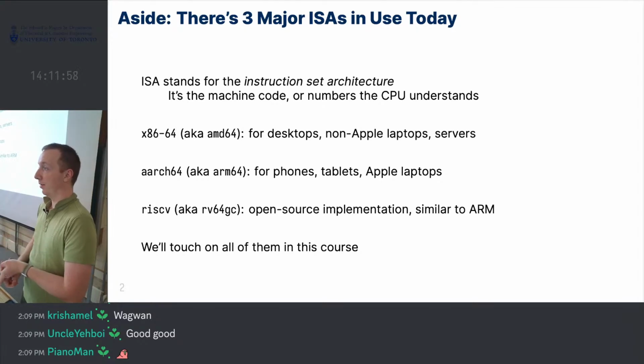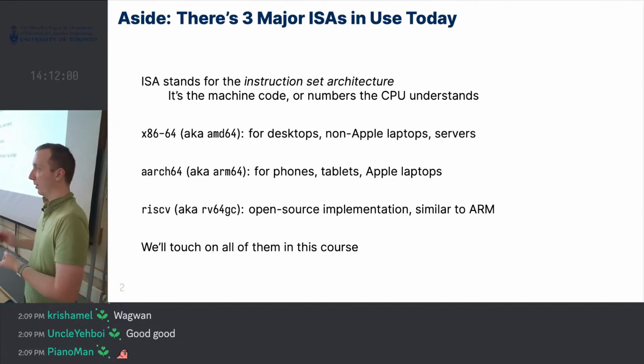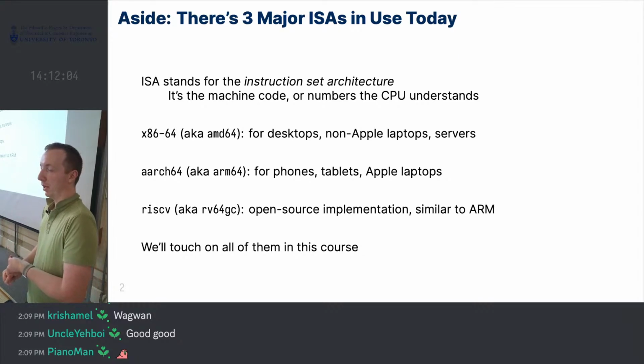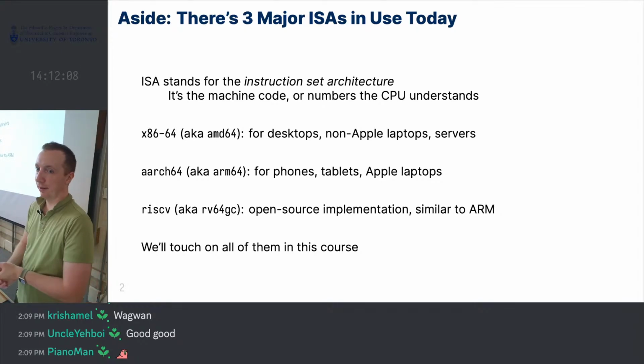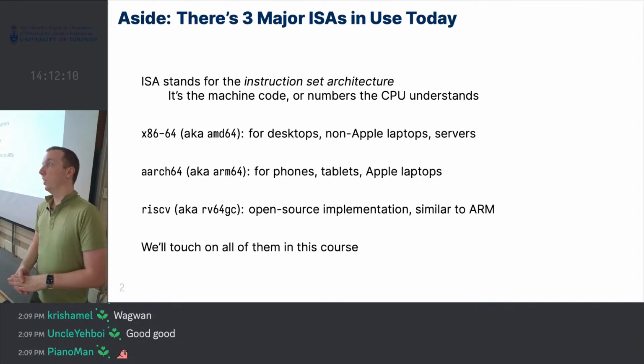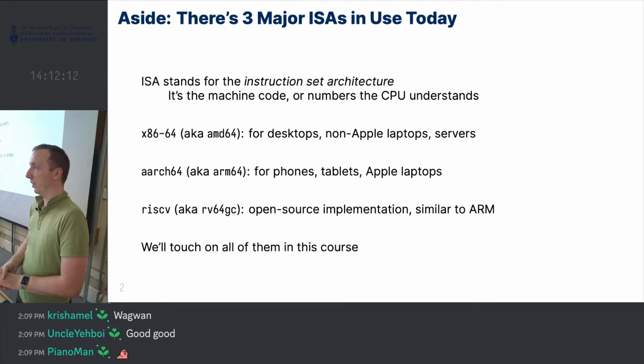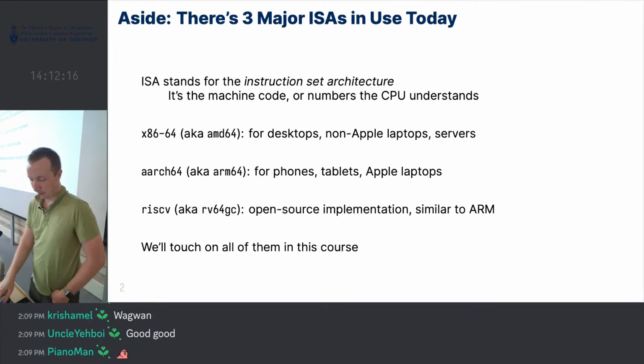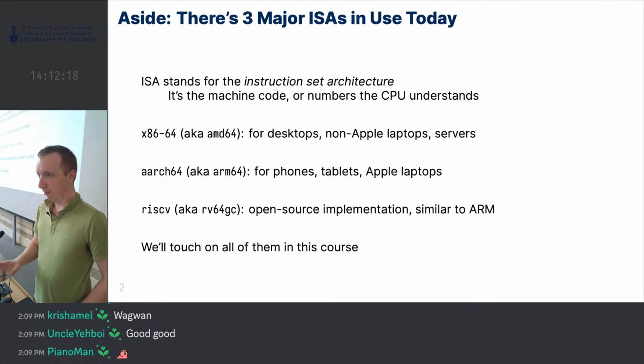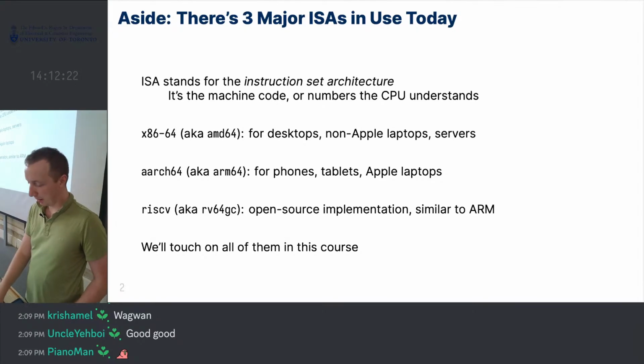So an operating system we're going to start looking at throughout this course is written in RISC-V, which is pretty easy to understand, and we'll just use that as a basis. But again, like I said in the previous lecture, you don't really need to understand assembly or how to write assembly. We'll read a little bit of it, and I'll be there to help guide you through it. So we'll just touch on all of them a little bit because sometimes it will matter. Most of the time, it won't matter.